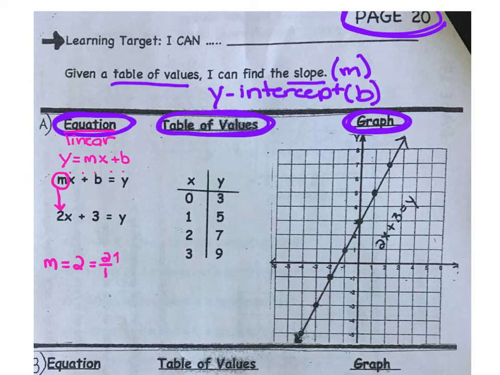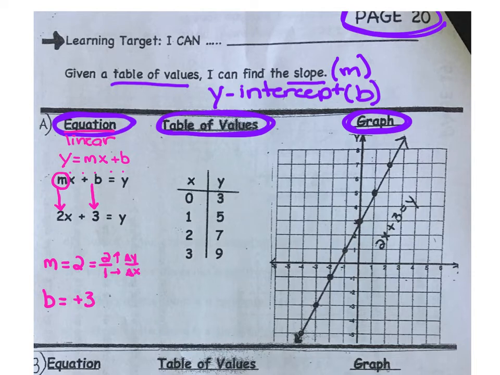That means rise up 2, that's your delta y, and run over 1, that's your delta x, your change in x. Your y-intercept is the b value, and in this case is a positive 3. So we know our y-intercept is positive 3.